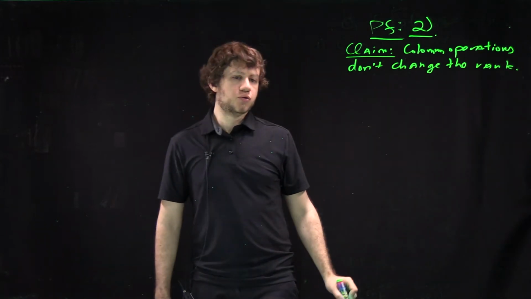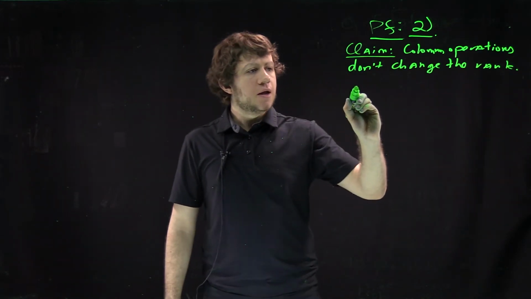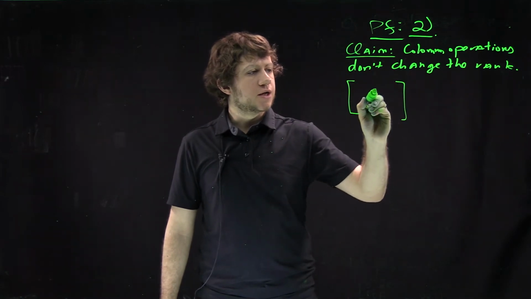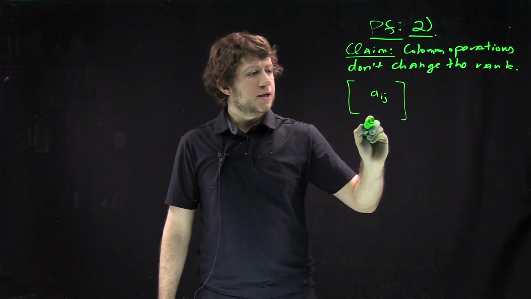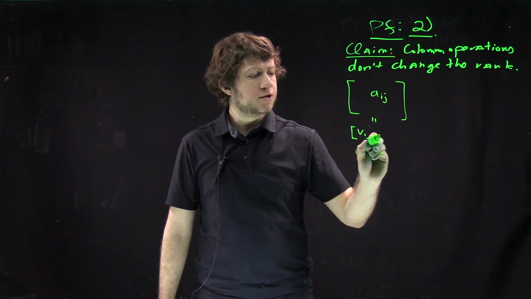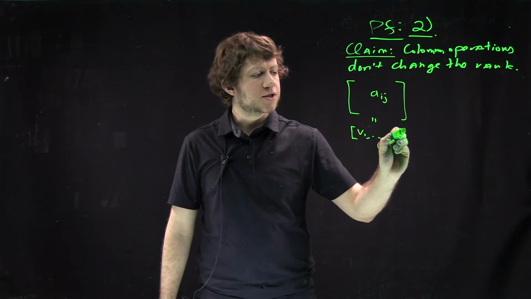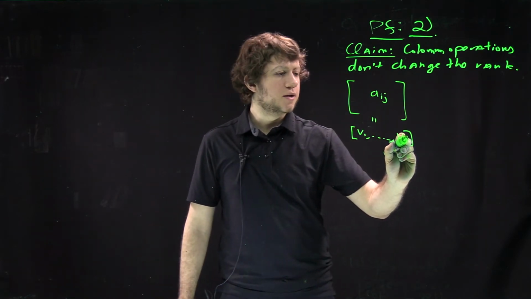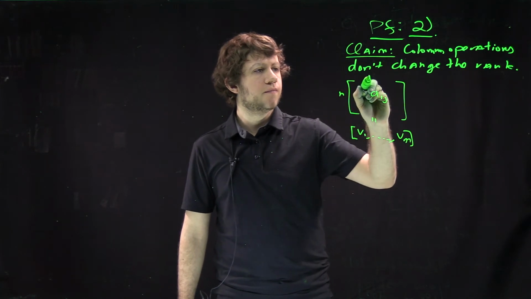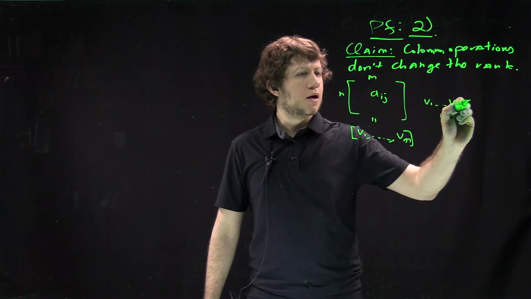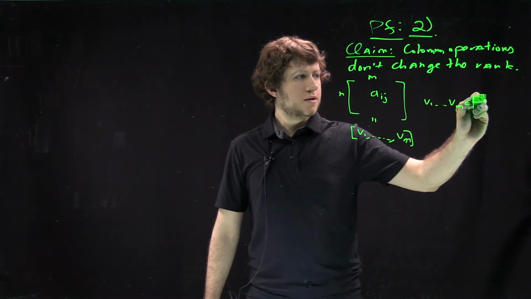So why is that true? That's actually quite simple, and for the reason, let's just remember what the rank is. We had a matrix Aij, and one can think of this matrix as a collection of vectors. So basically a matrix consisting of vectors v1 up to vm, an n by m matrix, where v1 up to vm are inside Fn.